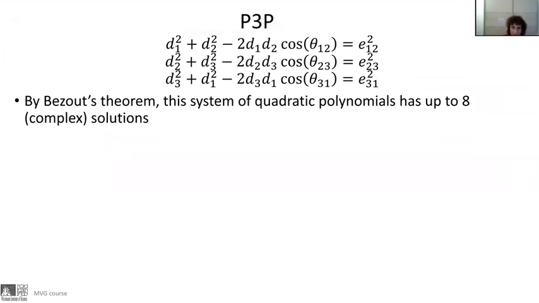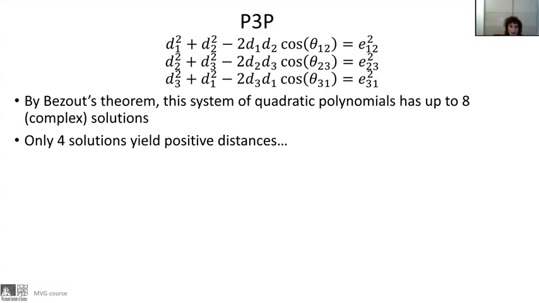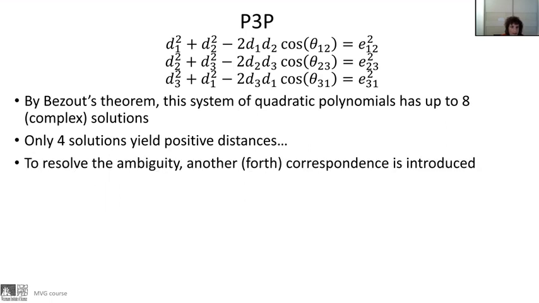And actually, we know that this system was investigated, and this system has 8 solutions. Part of them are complex solutions. Only 4 of them yield positive distances. And actually, to resolve the ambiguity and to take the unique right solution, we need to introduce another, fourth correspondence.